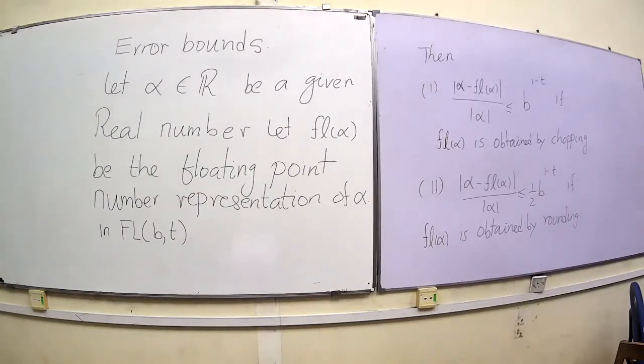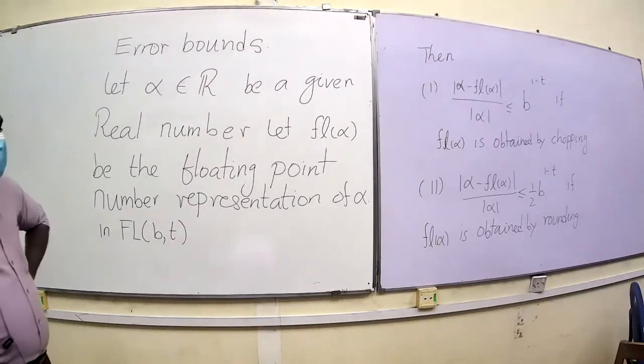So we can do either chopping or rounding in the floating point system. If we apply chopping, then the relative error is bounded above by b to the power 1 minus t. And if the FL of x is obtained by rounding in FL of B, T, then the relative error, alpha minus FL of alpha over the absolute value of alpha, is bounded by half of b to the power 1 minus t.